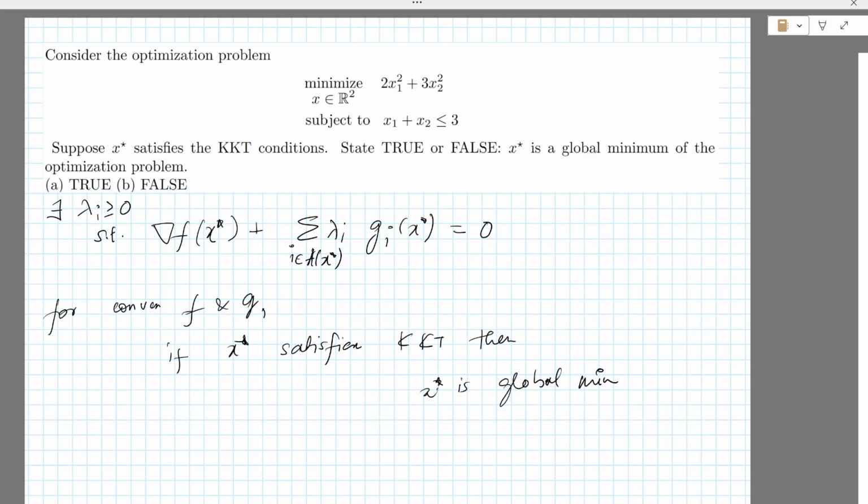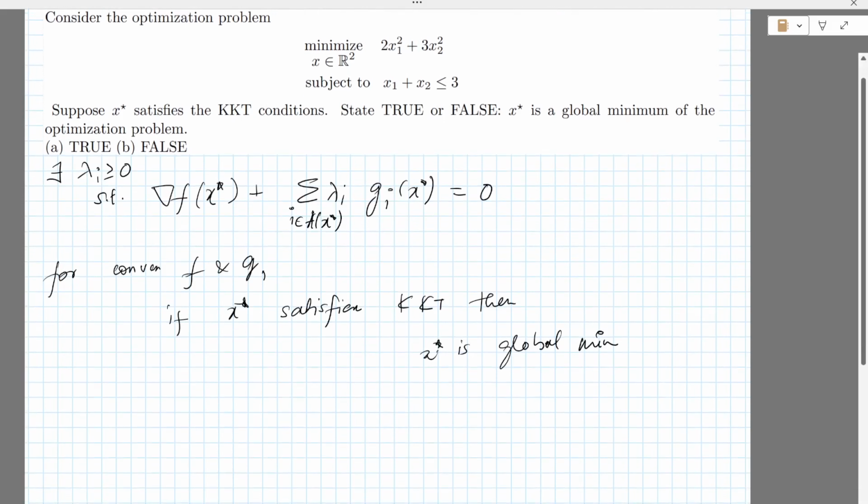So it will be convex, right? You can check the convexity by looking at the Hessian.